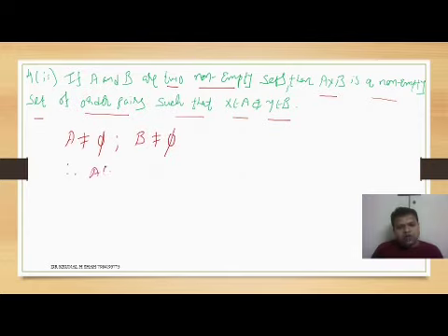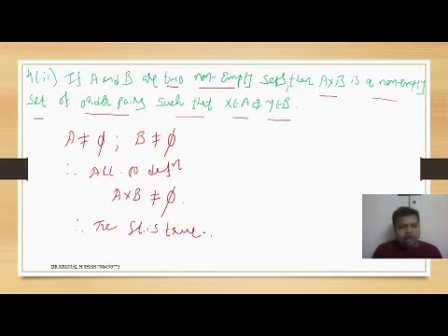Therefore, according to definition, A cross B is also not equals to null set. Therefore, the statement is true. Is it okay? Let's start with the next.